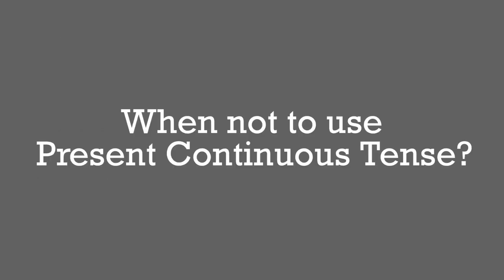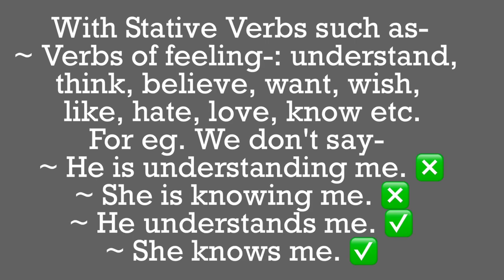Now, when not to use present continuous tense, this is also very important. We don't use present continuous with stative verbs, such as verbs of feeling. For example, understand, think, believe, want, wish, like, hate, love, know, etc. For example, we don't say he is understanding me or she is knowing me.